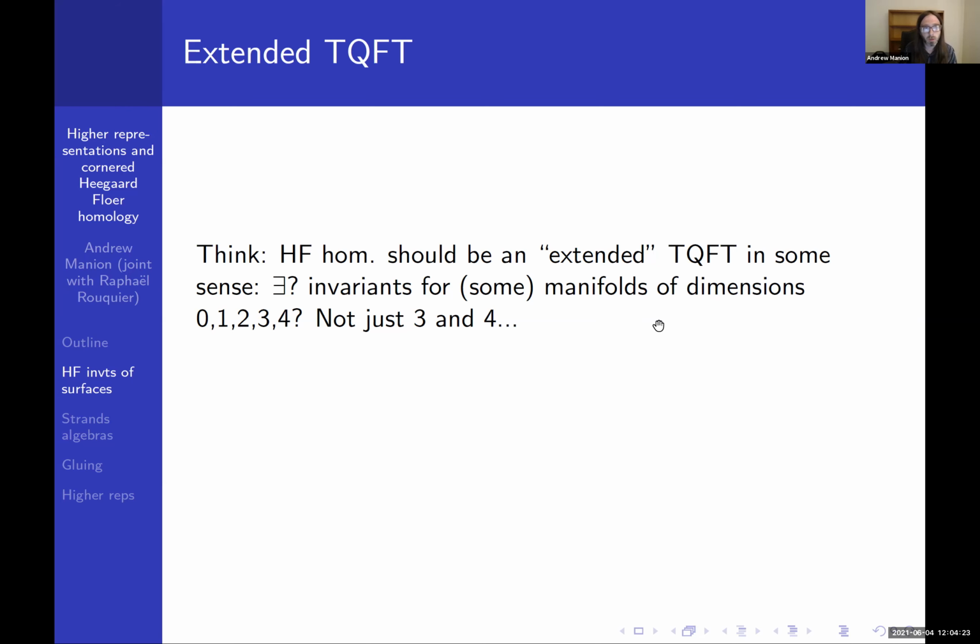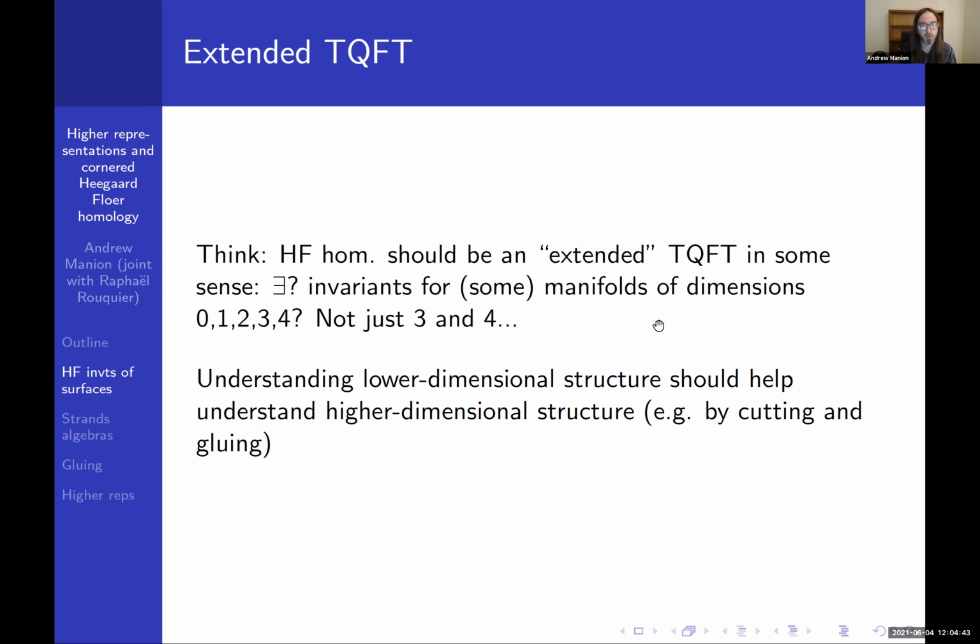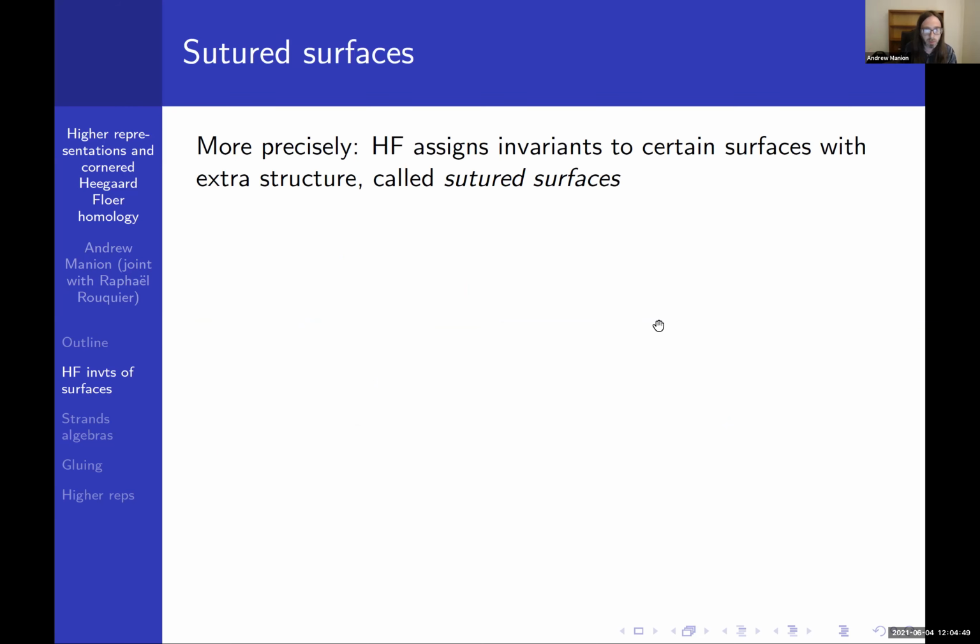So extended TQFT would have invariants for some type of manifolds of some type of lower dimensional things down to dimension 0 maybe, or not. And I'm not saying necessarily that I know the axioms that such a theory should satisfy, just that I think that it's fruitful to try to assign things to these lower dimensional manifolds in certain cases and try to prove theorems. So it can help understanding, for instance, computing the higher dimensional things by cutting and gluing, okay?